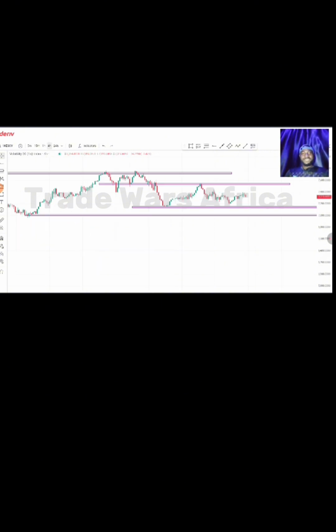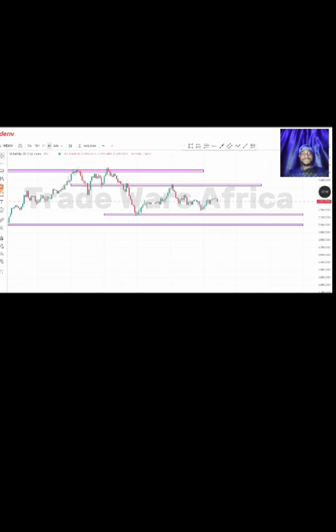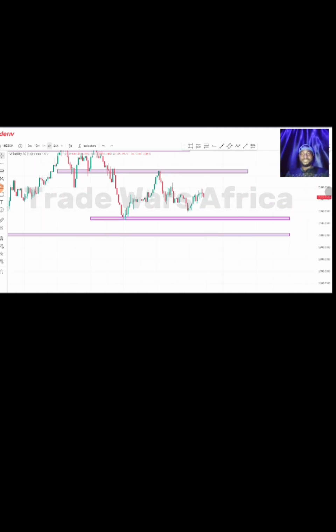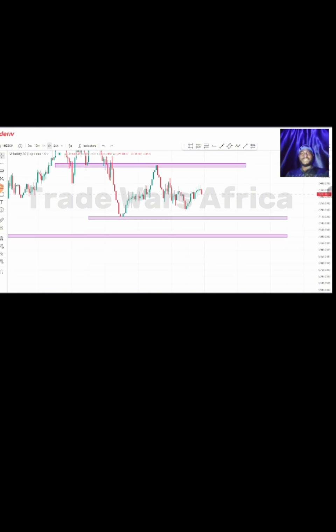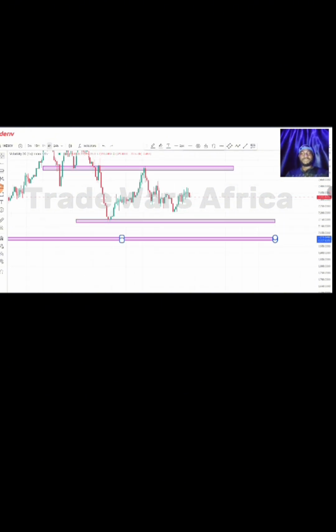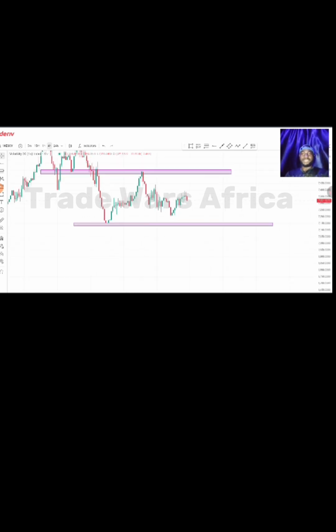So we have marked basically the most important levels. The most important levels to me now, let me delete this, are the remaining levels that I left here, between the present level, which is here, and here, which is going to be our TP1.